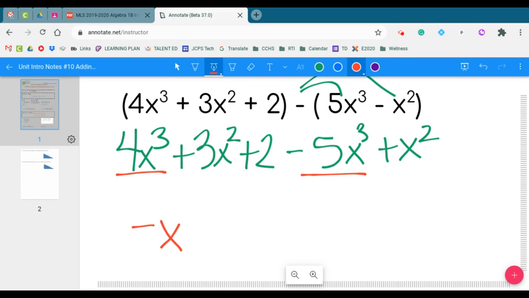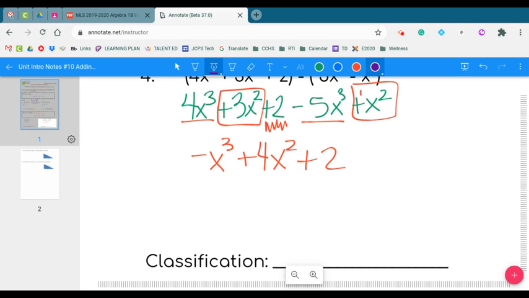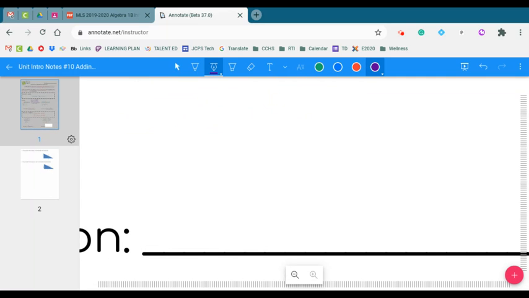That's going to give you negative 1x cubed. 3x squared and x squared are going to give me 4x squared. And then the 2, you can't combine it with anything, so we're just going to tack it on the end. You have 1, 2, 3 terms. So this is going to be a trinomial.